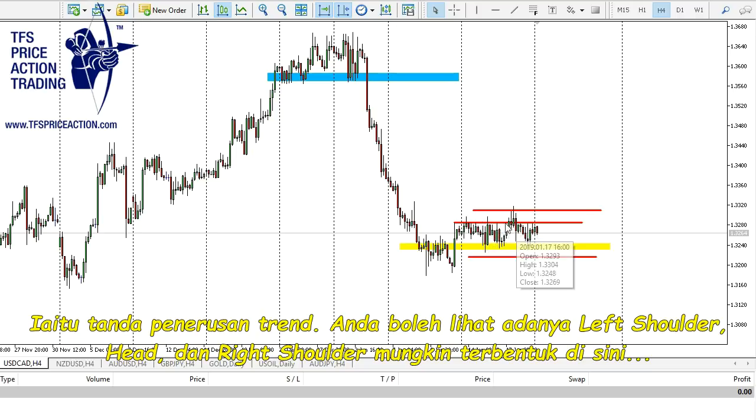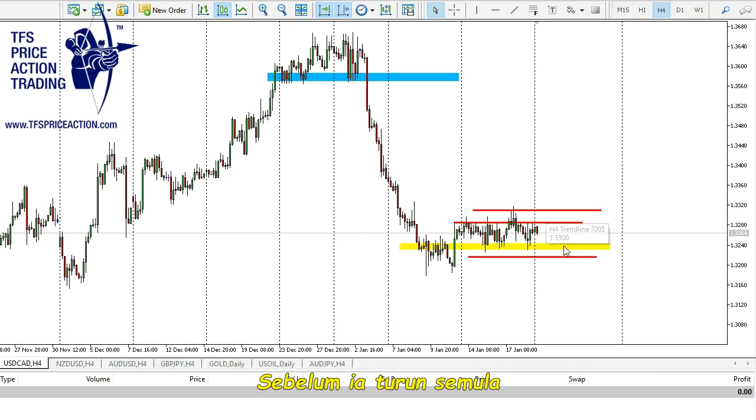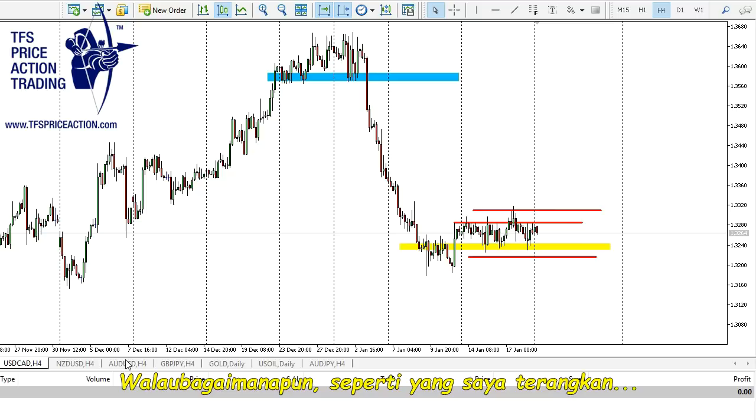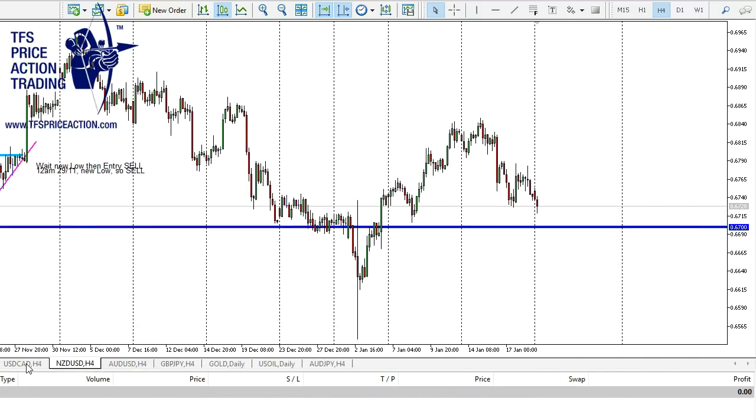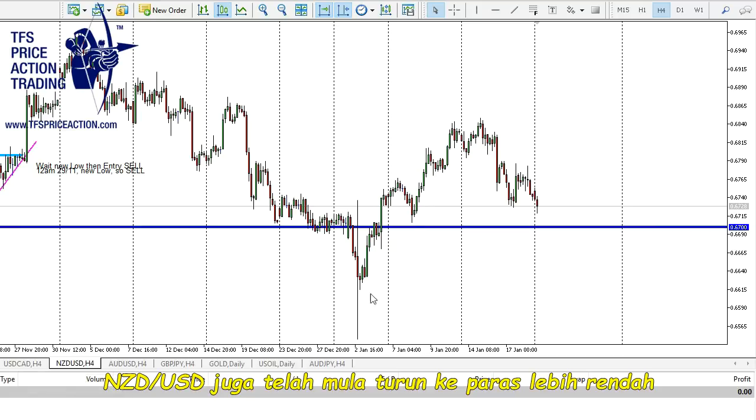You can see there's a left shoulder here, there's a head, and the right shoulder might be forming here before it goes back down. But again, like I've explained, AUD USD is already on the way down, and NZD USD is starting to go down even further.